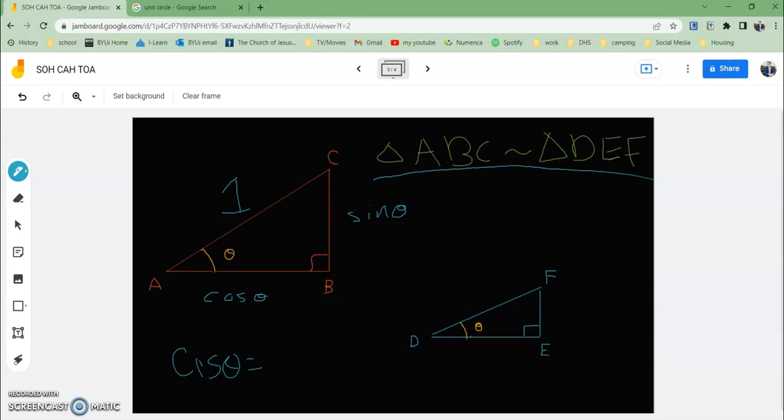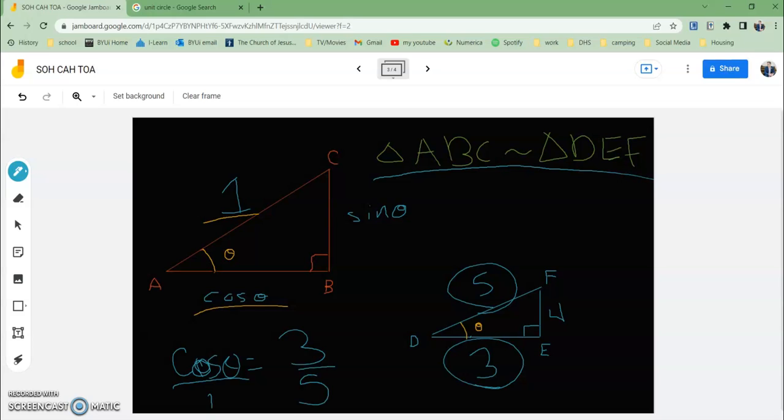So let's do a ratio of this divided by that: the adjacent side divided by the hypotenuse. In that case, that would be cosine of theta divided by 1. In a similar case, that should be 3, 4, 5 again, so the bottom side divided by the hypotenuse is 3/5.